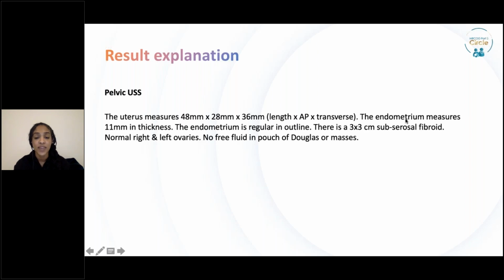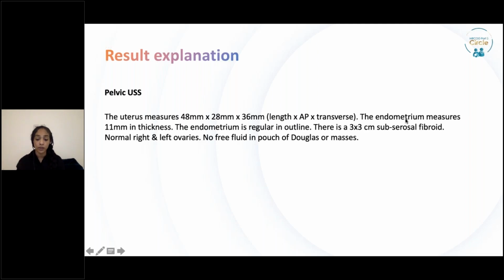So here at the end, in summary, I didn't just tell the patient that you have a thick endometrium. I told her that when you had the scan, this is the reason why you had the scan, and this is specifically what we were looking for. And I explained to her that the lining of the womb is thick. I also explained to her the other findings. Patients have the right to know other things that are normal as well.